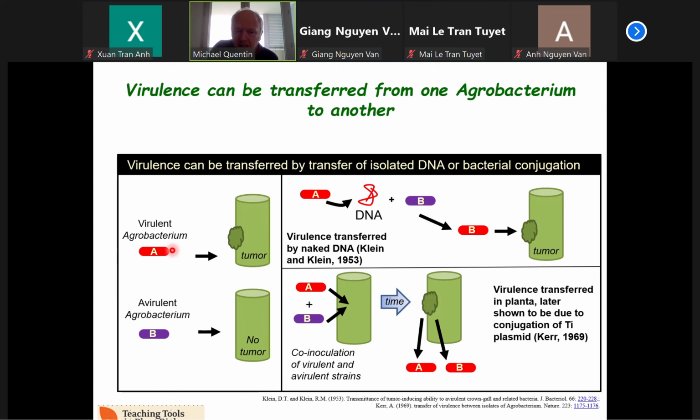So it was DNA present in the virulent strain that was responsible for the creation of the tumor. And what was really interesting is that if you inoculated a tissue with the two strains, the virulent one and the avirulent one, after a while, you could isolate from the gall only virulent strains, and the avirulent strain had acquired some genetic material from the virulent strain that made it virulent.